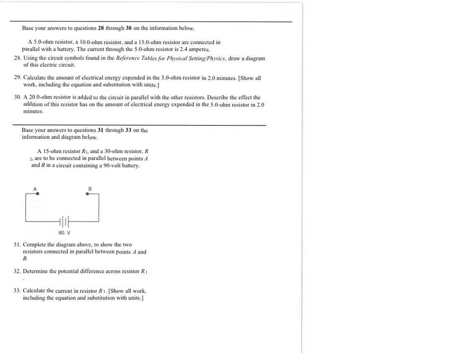So we have a 5 ohm resistor, 10 ohm resistor, and 15 ohm resistor connected in parallel. Parallel meaning we need to have branches with the battery. So let's draw this out. This is our battery. Here we're going to have 3 resistors in parallel with each other.